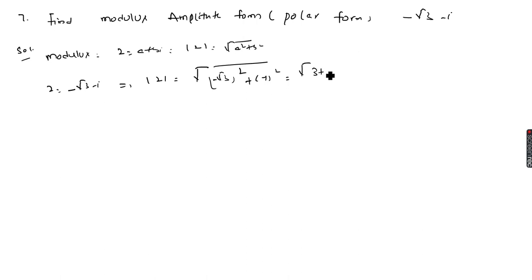That is nothing but 3 plus 1, that is equal to 2. This is mod z. And next, amplitude. Amplitude or argument, both are the same. That is nothing but theta equal to tan inverse of b by a.